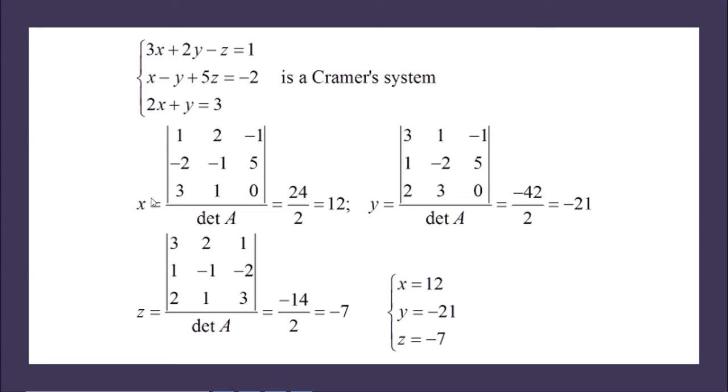So when we find x, the method is, as we have described before, we will write 1, minus 2 and 3 in the first column, and the second column and third column will be the coefficients of y and z in the three equations.